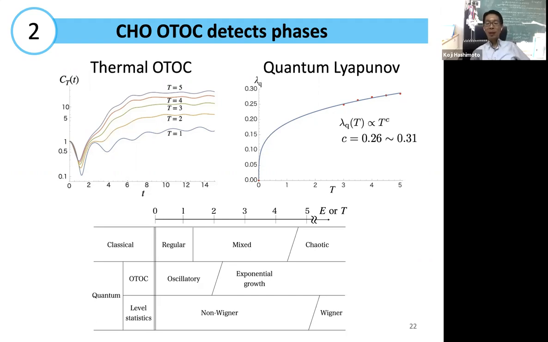Suppose I dial this coupling constant to smaller values, then chaos shows up only at very high temperature or high energy, because the coupling gives you the chaotic nature. So in that sense, for this model, dialing the coupling constant would change, for example, this vertical line or this line to the horizontal direction.